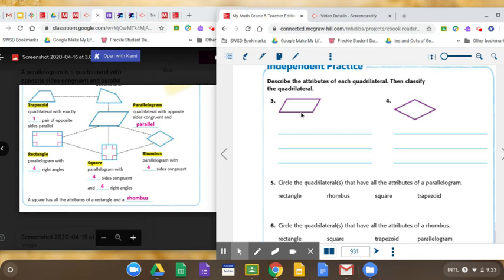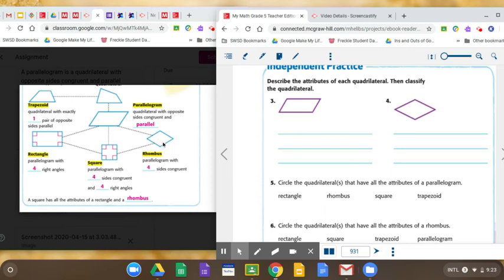So for this one, it has two sets or two pairs of parallel sides, or like it says here, opposite sides are parallel. It also has opposite sides are congruent. Opposite sides are the same length. So it doesn't have the four right angles, so it can't be a rectangle, it can't be a square.